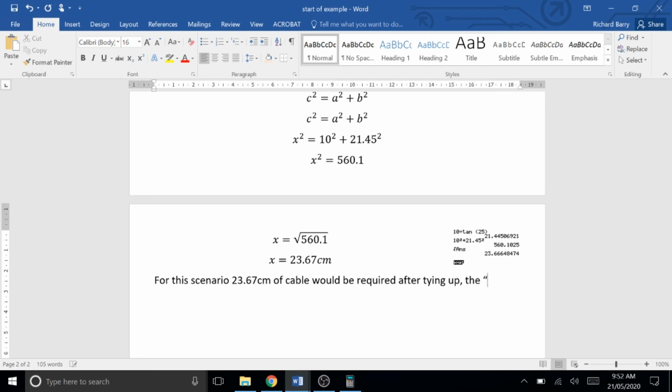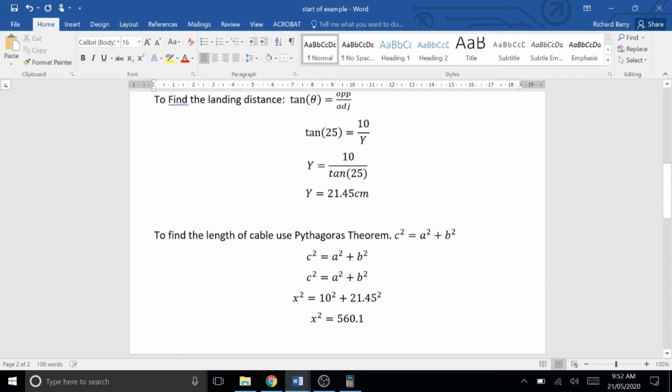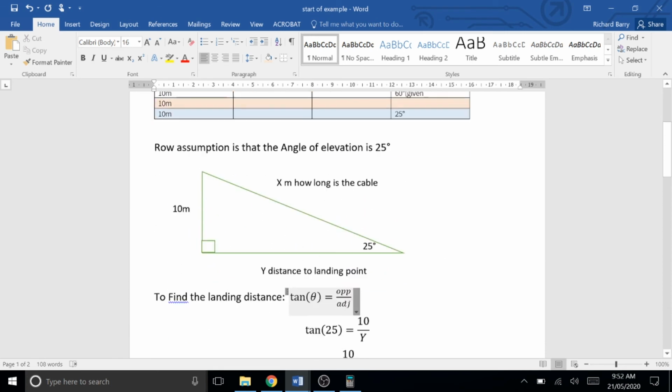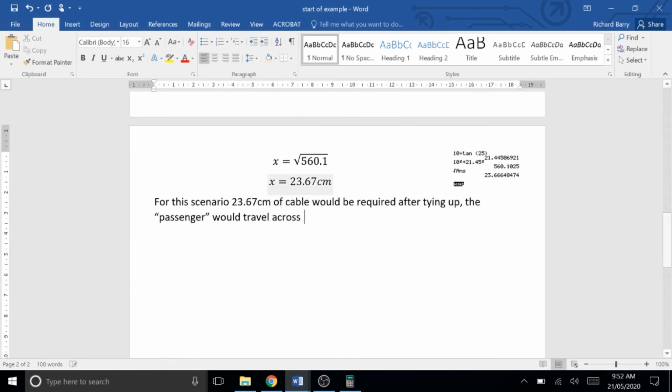The passenger would travel across 21.5 meters. Yes? Oh, we use the word meters when we're in a sentence, I guess.